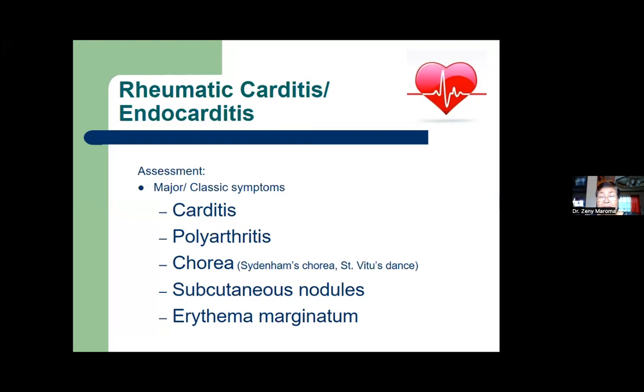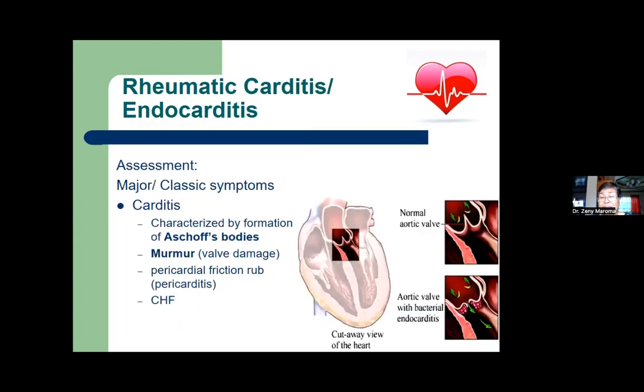Involvement of the nervous system. So there's chorea, Sydenham's chorea, or St. Vitus dance. And on the elbow, there's development of subcutaneous nodules, and on the skin, erythema marginatum. So this is a major manifestation. All right, first, carditis. No? So yung carditis, no?